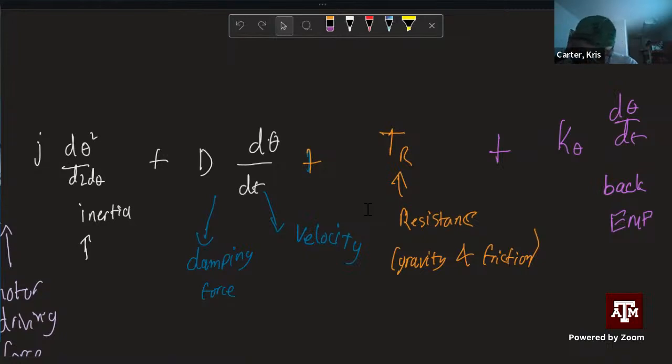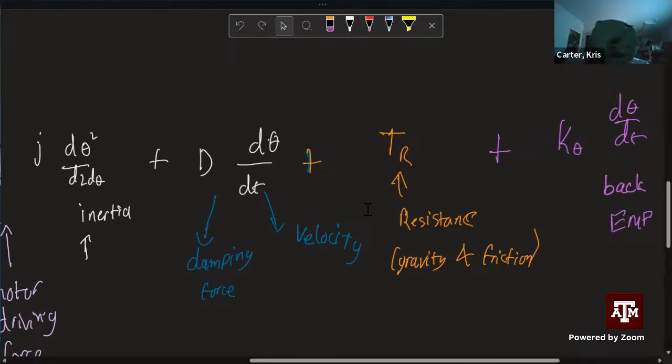Now we know the thing we want is 90 degrees, so we want our target reference. We'll say that this is 90 degrees.